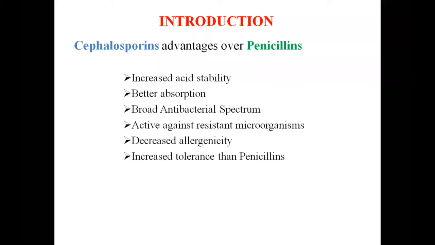Now, in the last class, we discussed the penicillin, and you have an idea that following certain drawbacks of penicillin, the semi-synthetic penicillins came up, in 1960, you can remember, and penicillin came up around 1941. So there were certain drawbacks with penicillin, like it is acid labile, then their oral absorption is also poor.